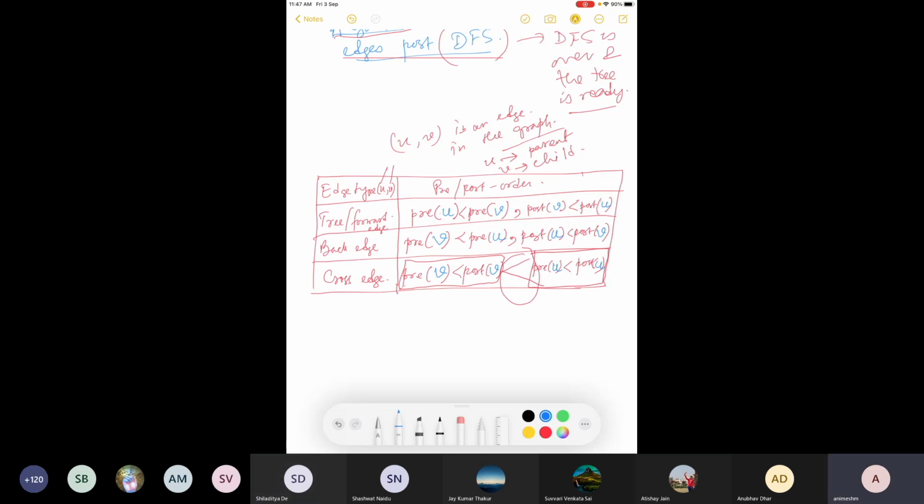For tree edge, it is just parent child, and for forward edge, it's ancestor descendant. So tree, it is immediate parent and child. That's why I said that the DFS visit U should directly call the DFS visit V. And here it is ancestor descendant.